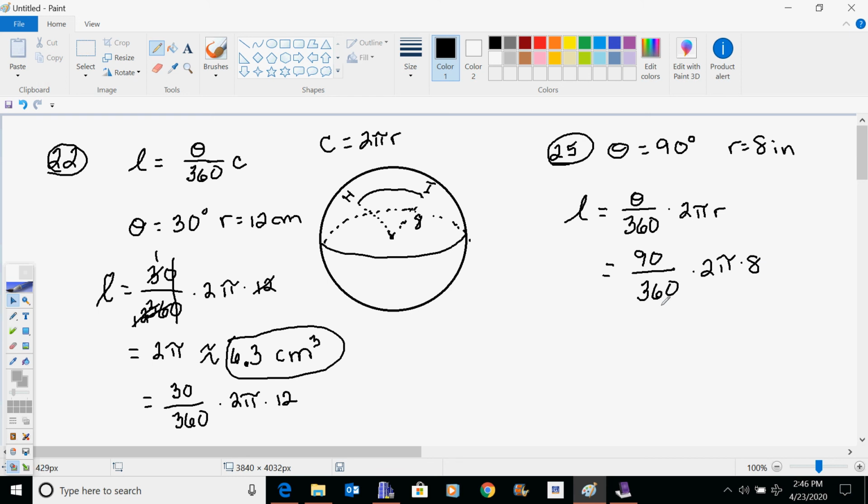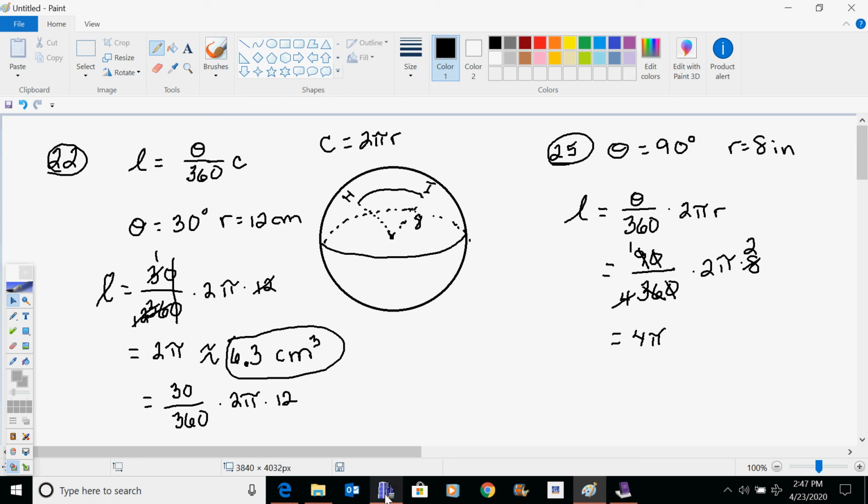If you like to cancel things out, 9 goes into 36 4 times, so this is 1/4. 4 and 8 cancel out to give you 2. So this would be 4 pi.